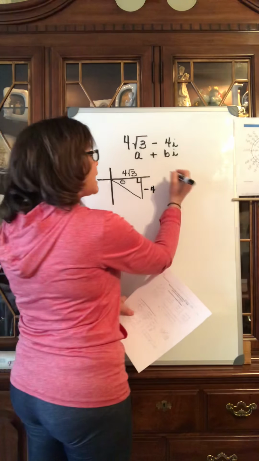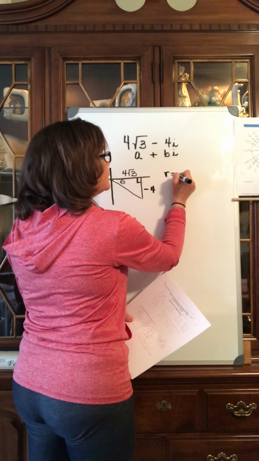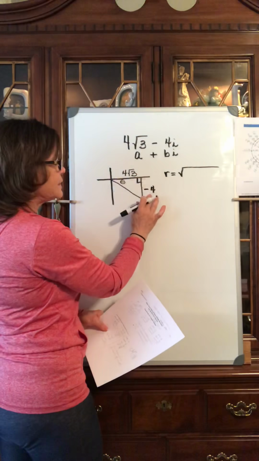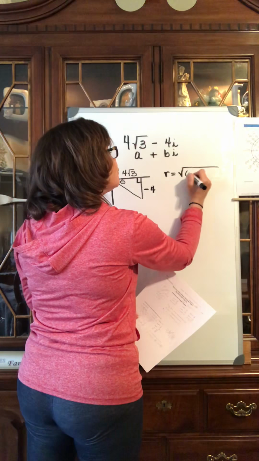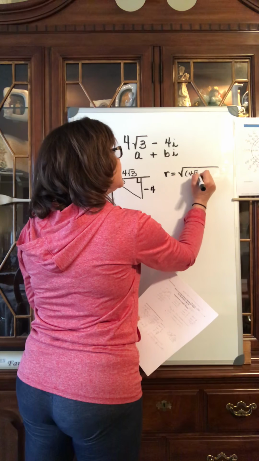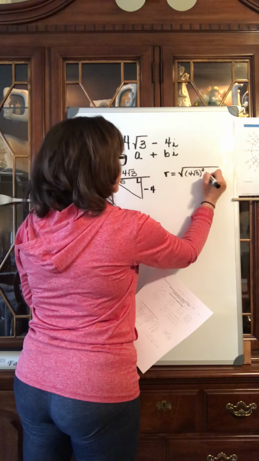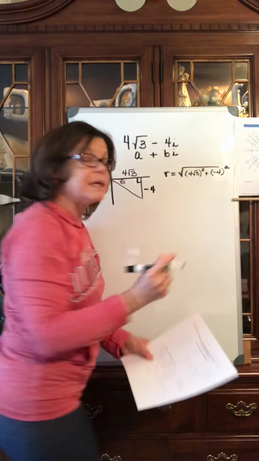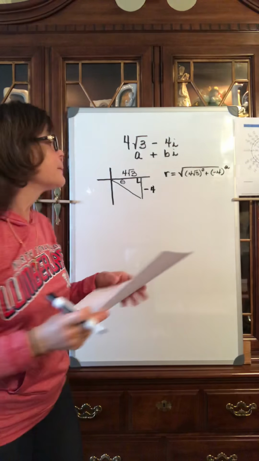To find the hypotenuse r, it's going to be the square root of these two sides squared. So 4 radical 3 squared plus a negative 4 squared. Remember, that's using the Pythagorean theorem.